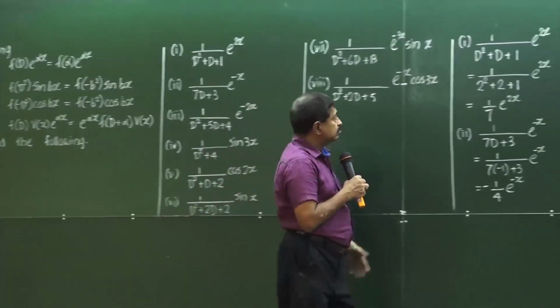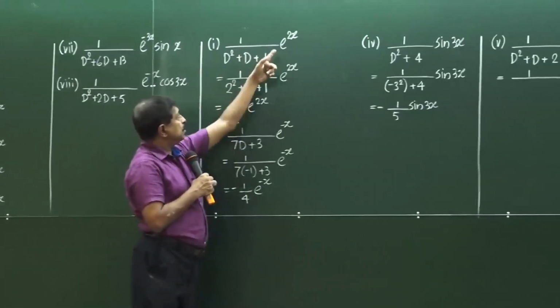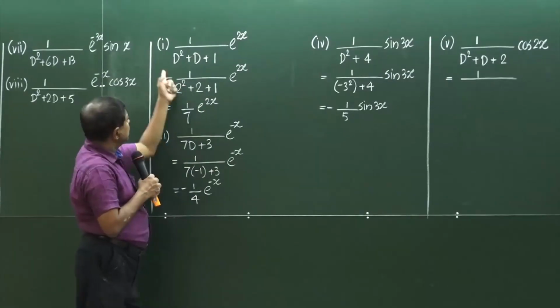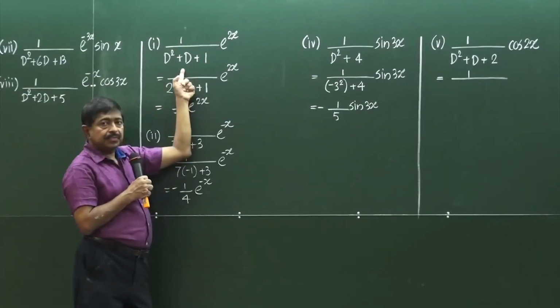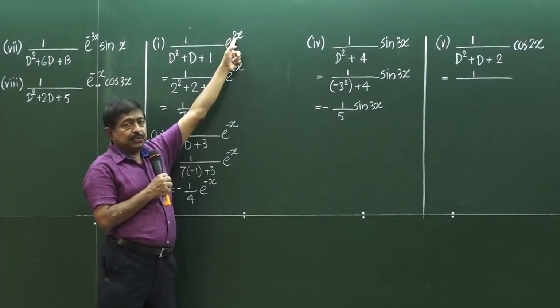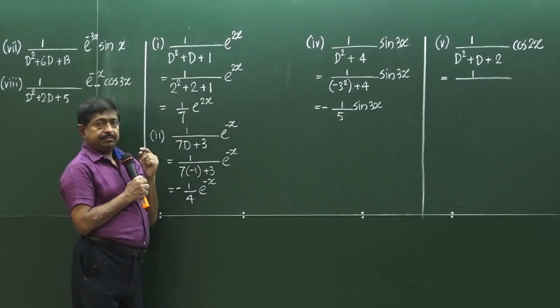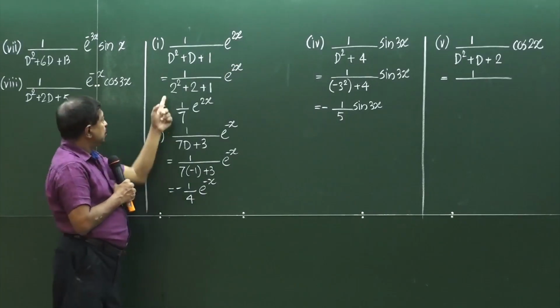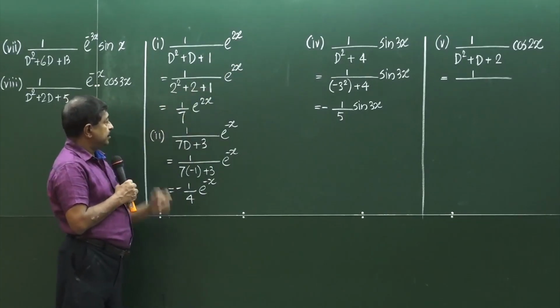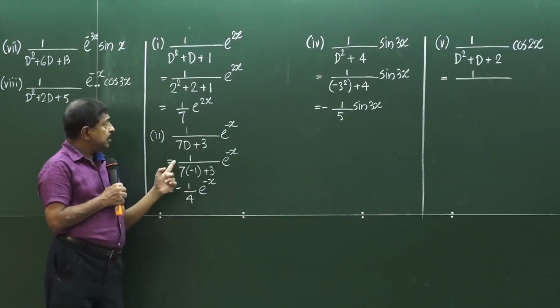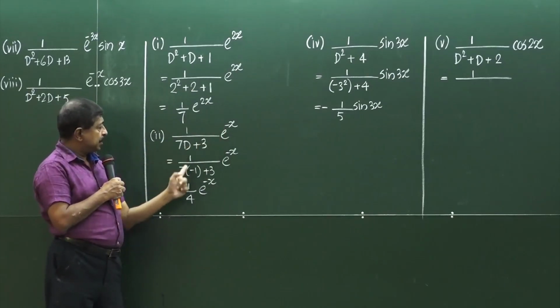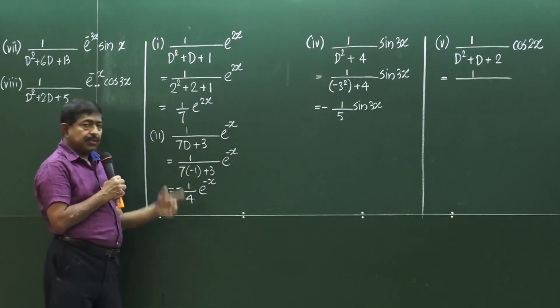Play the game in the same fashion. So this is a function of D. You have e to the power 2x. So what should you do? This is alpha. You replace D by 2. So this is 4 plus 2 plus 1, which is 7. When you have this one, you have to replace D by minus 1. That's all. Easy.